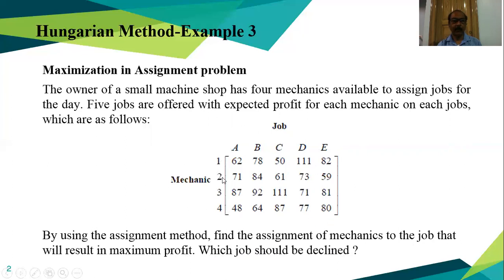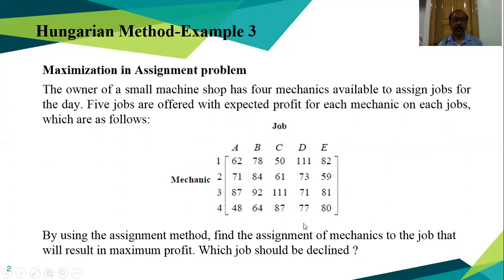In this type of problem, one machine is not there, so we have to add a dummy machine 5 to make it a square matrix. And the job assigned to machine 5 should be declined. That's why the question is which job should be declined. Decline means it is assigned to machine 5, and that profit will be 0.